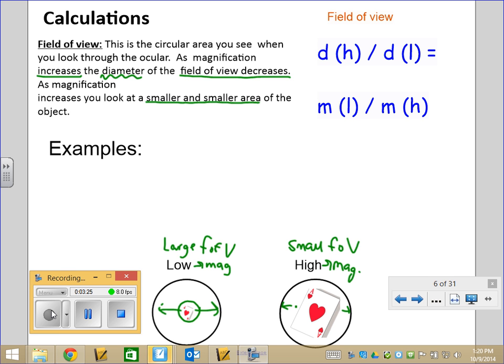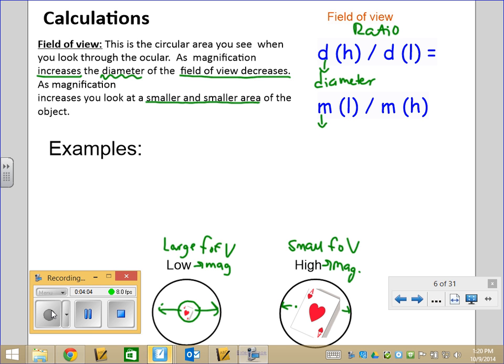So based on that idea, we've got this little ratio over here. What we're saying is that if we compare the diameter of the field of view on two different powers for the microscope to the magnification on those same two powers, those things should be equal. So we're saying it's proportional. If I increase the magnification 10 times, I should decrease the field of view 10 times. So they're going up and down by the same relative amount. The D stands for diameter.